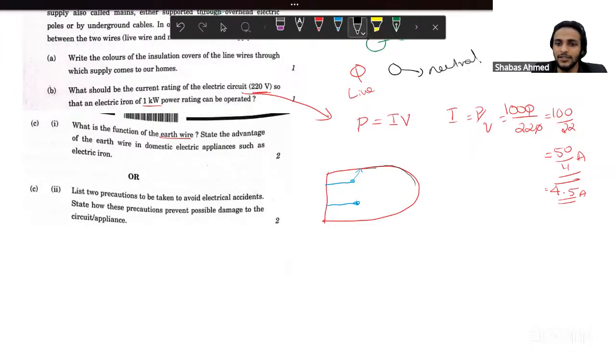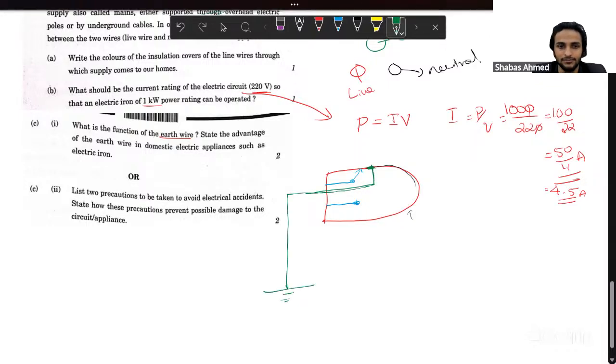If we touch this metal body, there's a chance of getting a shock, right? So the earth wire will be connected to this metal plate. This unwanted charge will be collected by the earth wire and transferred to the earth. Thus the earth wire is protecting us from the electric shock.